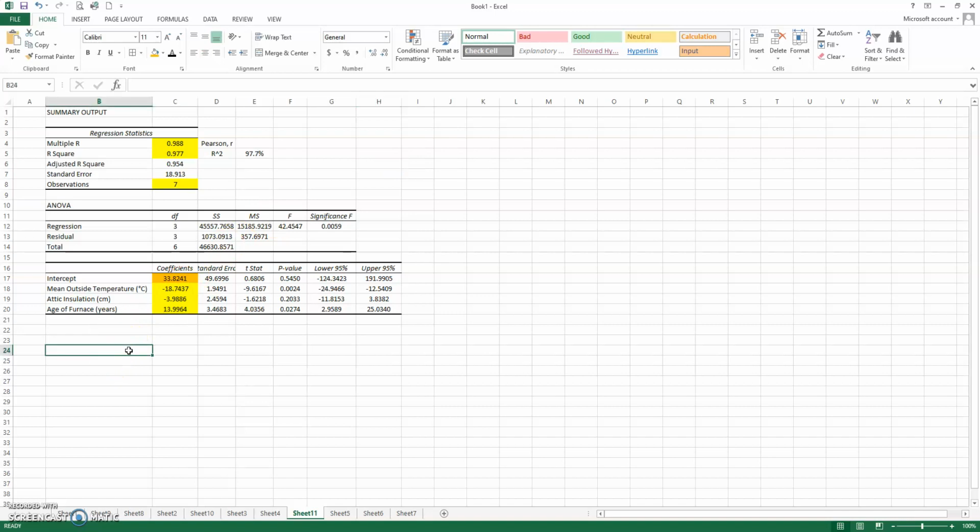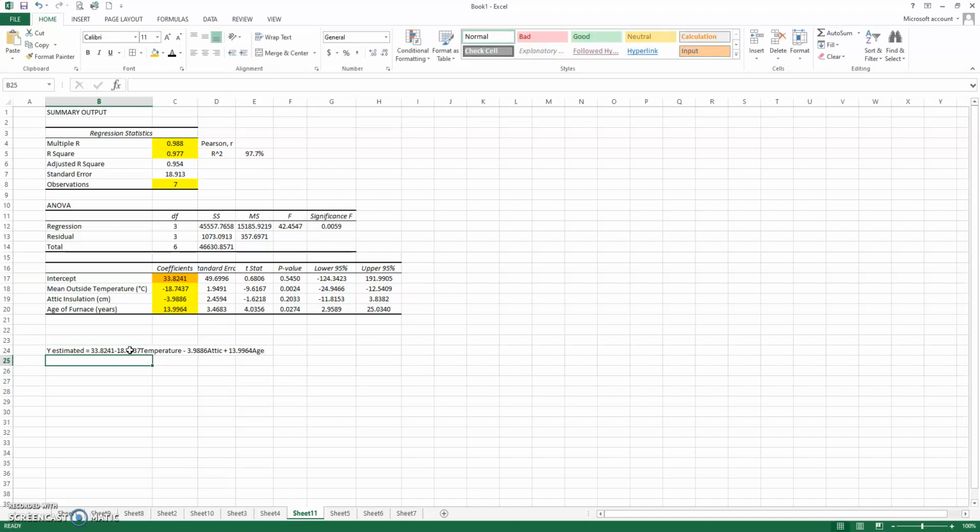So we could say the estimated cost of heating a home, y-hat, would equal the intercept plus, in this case, minus 18.7437 times the temperature, let's just abbreviate that as temperature, times x1, minus, the slope is negative 3.9886, let's call this attic, and then plus 13.9964 for the age.